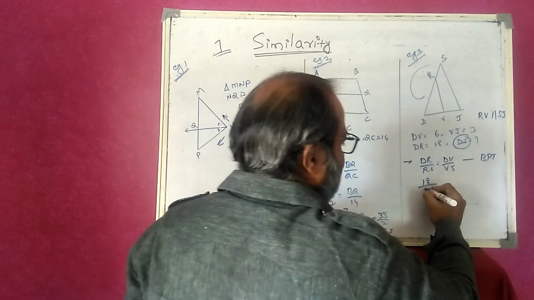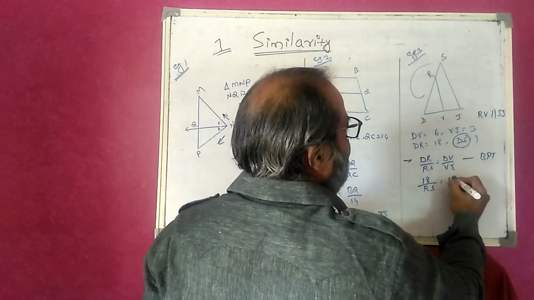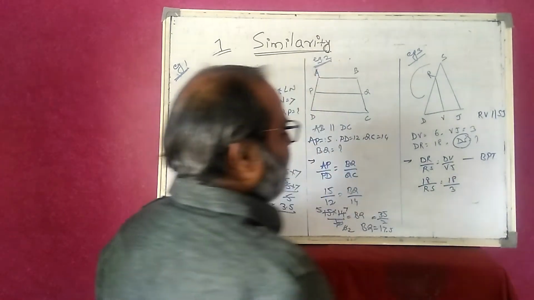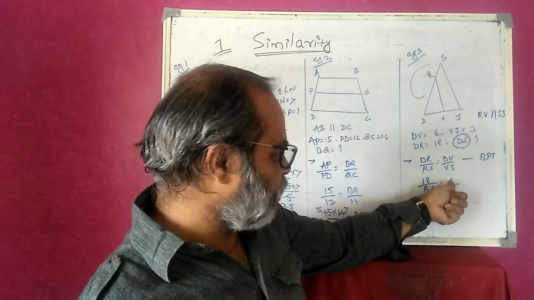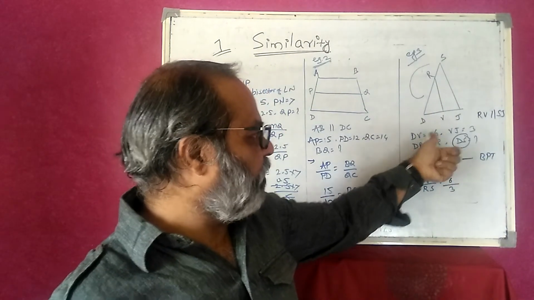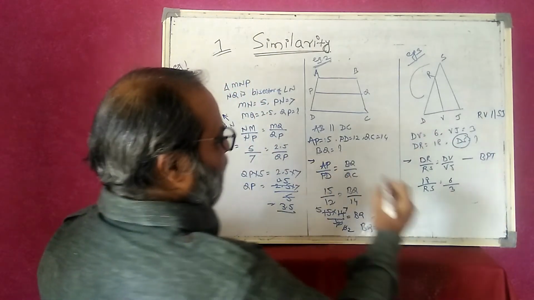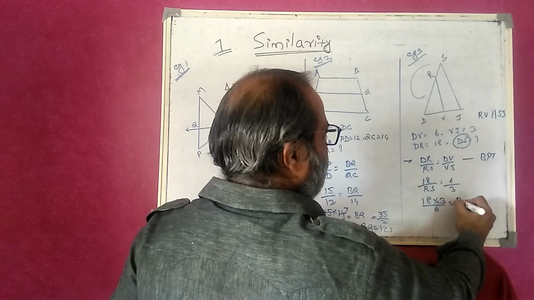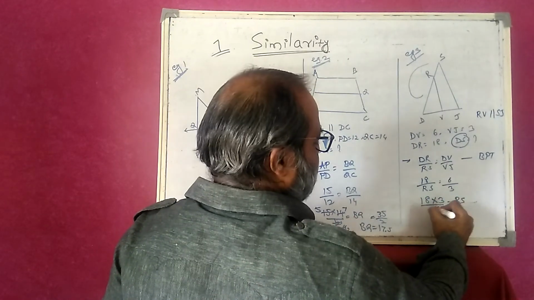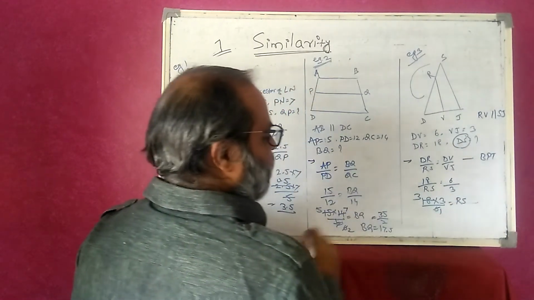So I first find RS is equal to, DR is 18 and VJ is 3. Again, very simple. DV is 6, VJ is 3. So I have the cross multiplication: 18 into 3 divided by 6 is equal to RS. So 6 ones are 6, 6 threes are 18.